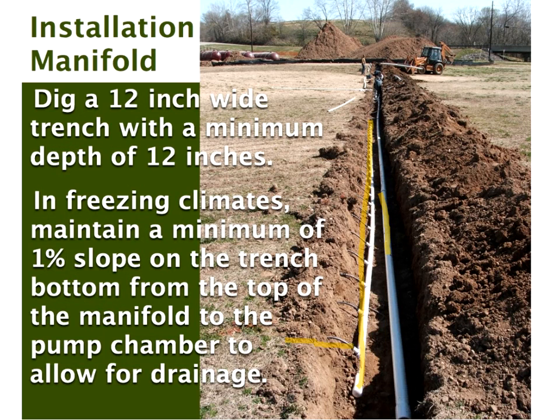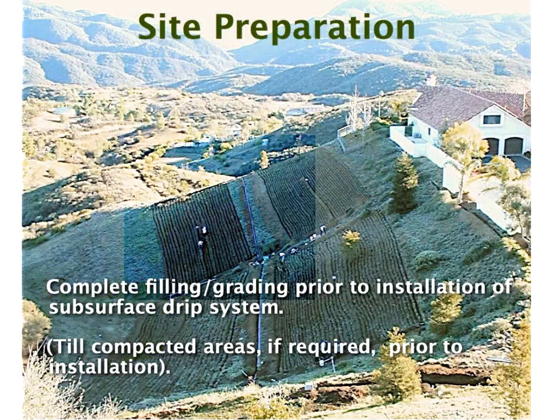Here you were saying 1%, but you must have a slope so that this drains. 1% isn't very much, but if that's all you can do, that's all you can do. But I prefer more than 1% slope. Then this is going to drain back towards the pump tank every time you switch off under freezing conditions. That's pretty straightforward, I think.